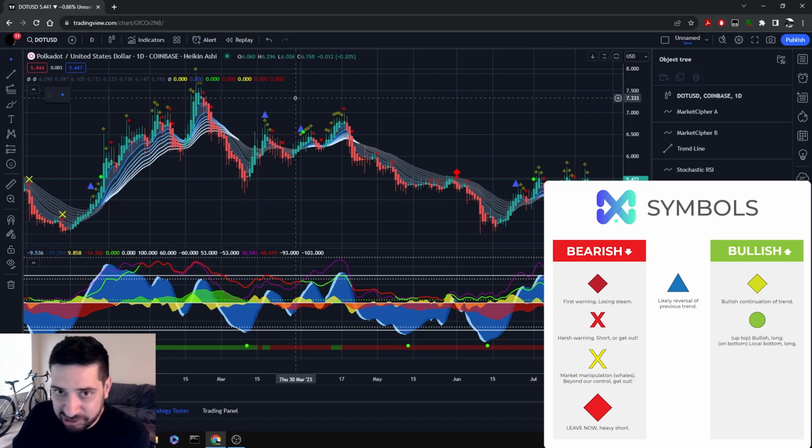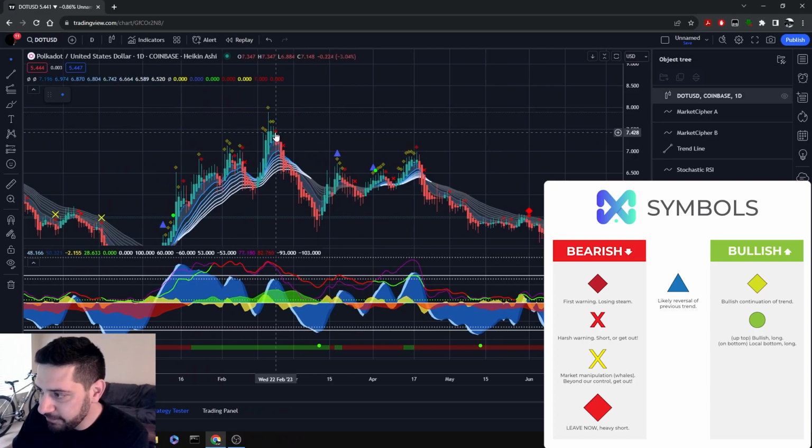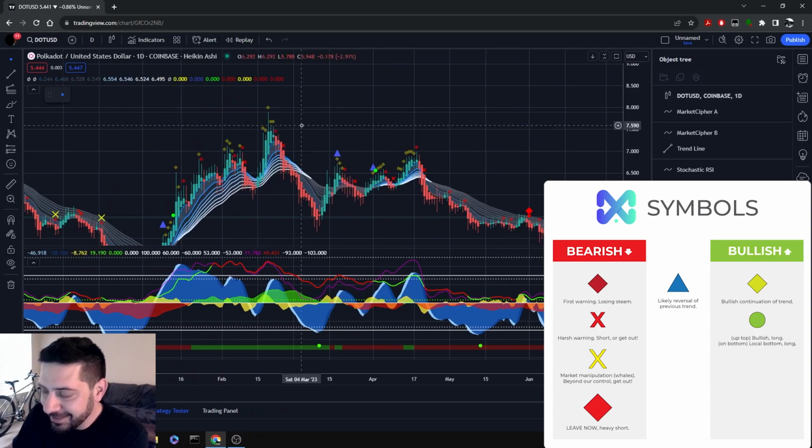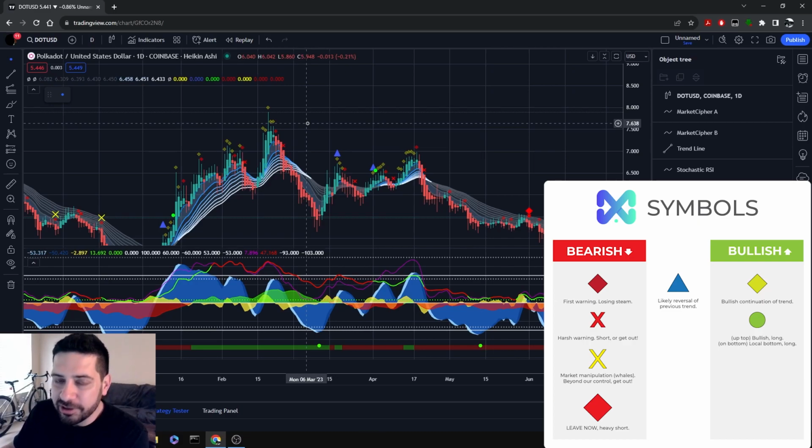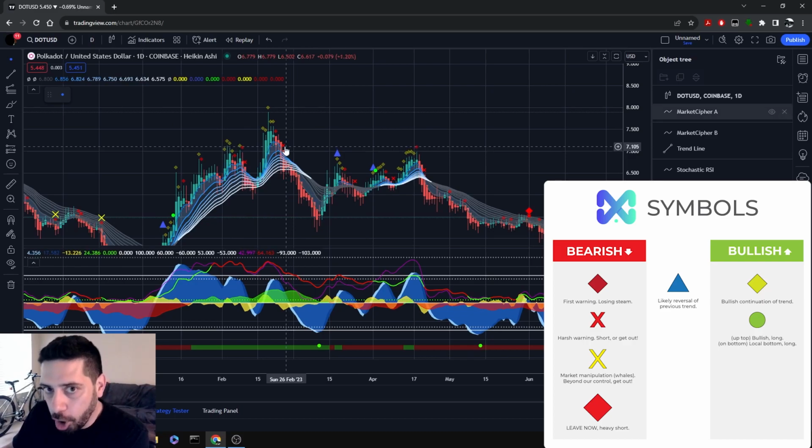On the bearish side, you have these little red diamonds. That's your first soft warning that, hey, the move is starting to lose some steam. You don't have to pull out just yet, but just know that you should probably start looking a little closer. Then the red X is your hard warning. That's take your profits and get out or consider switching to shorts.